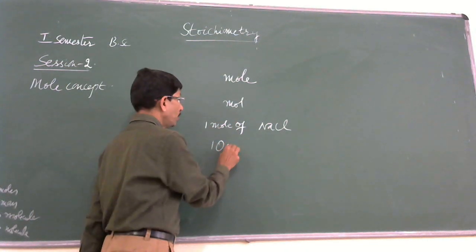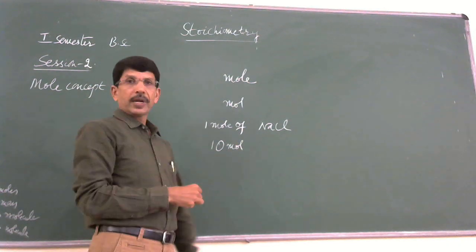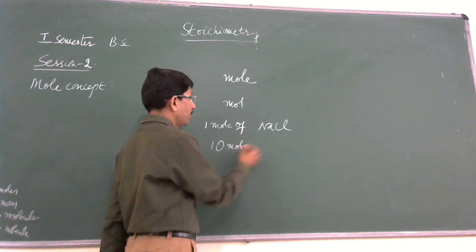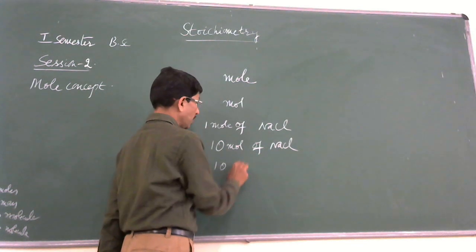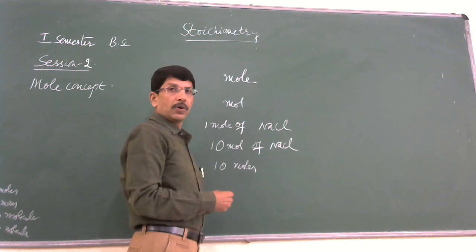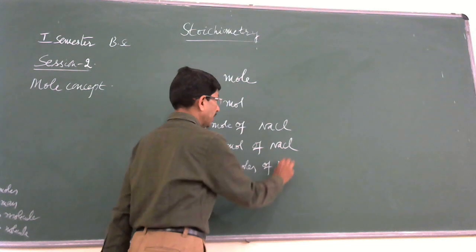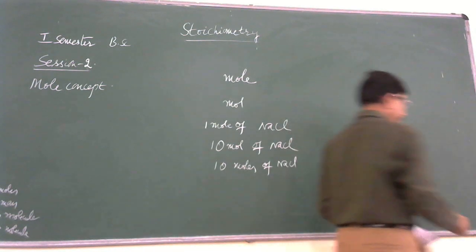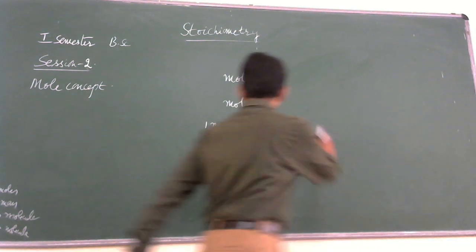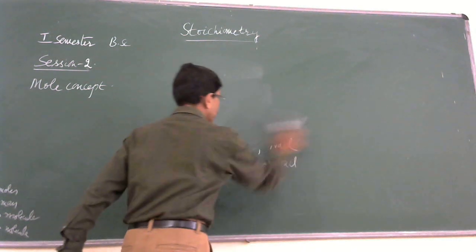But if you say 10 moles of sodium chloride, it can be written like this, 10 moles of sodium chloride, or you write it in full words, 10 moles of sodium chloride. So a mole is the fundamental unit of amount of substance.